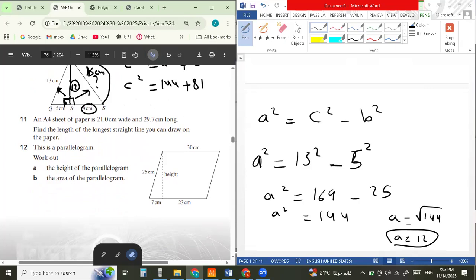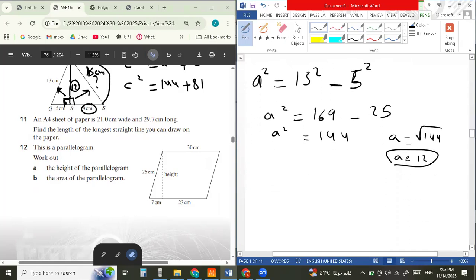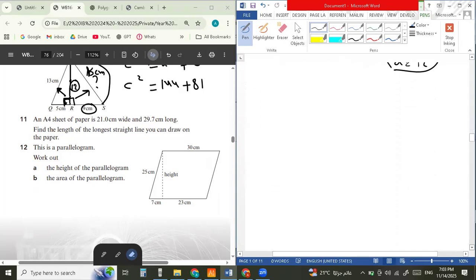Question 11 says to you, an A4 sheet of paper is 21 centimeters wide and 29.7 centimeters long. Find the length of the longest straight line you can draw on the paper. The longest? Oh, they must mean here the hypotenuse. Here is an A4 paper.